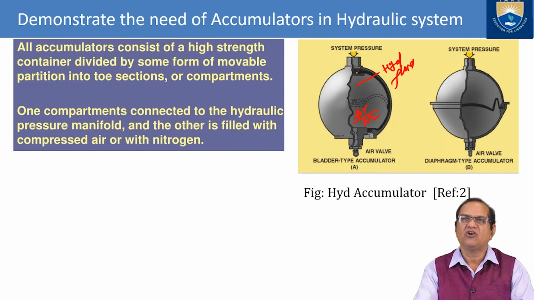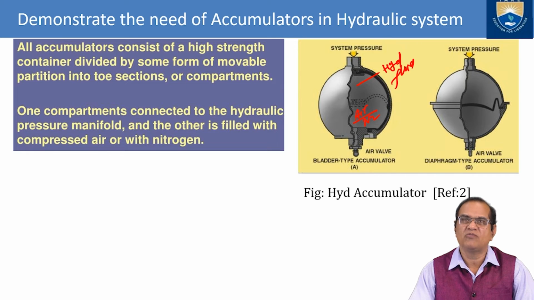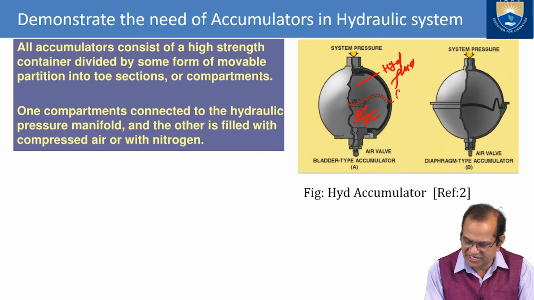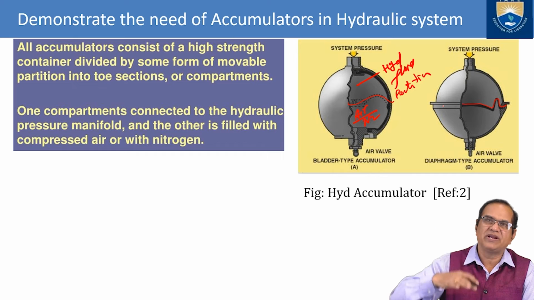All accumulators consist of a high strength container divided by some form of movable partition into sections. You can see this is the partition. A diaphragm is here, and it can move up and down.